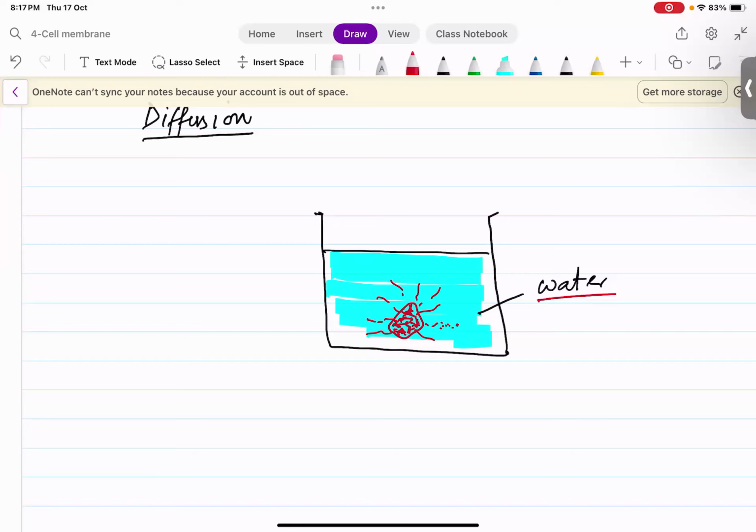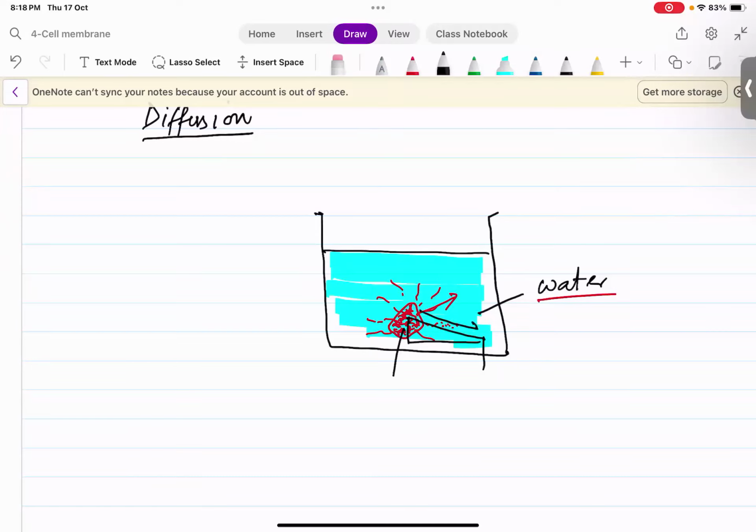So consequently, there are more random movements of these molecules in liquids and gases. And due to this random motion of these molecules, the molecules move from a region of their higher concentration to a region of their lower concentration. So if this is a region of higher concentration of these molecules of potassium permanganate, and this is a region where they are in a low concentration, they would move from high concentration to low concentration.